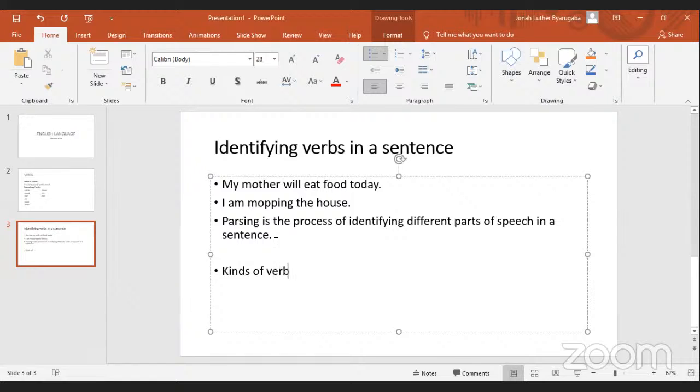Is there anyone who knows any types or kinds of verbs, any type? You put up the hand and you share with us. Yes, Charlotte. Irregular verbs. Irregular verbs.